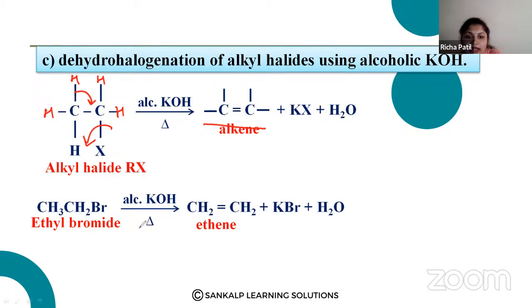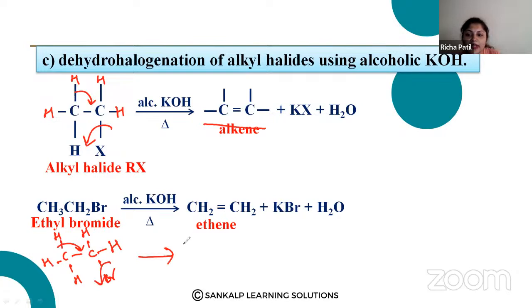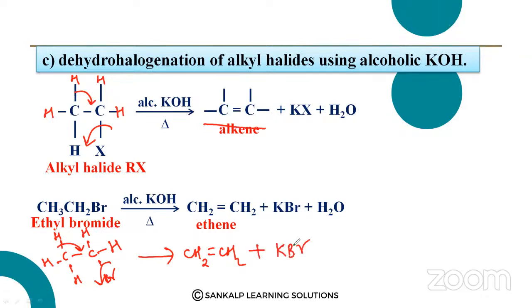So this is the alkyl halide, and an example is given here. Ethyl bromide, in the presence of alcoholic KOH, yields ethene. The K gets attached to Br and forms KBr, plus OH.